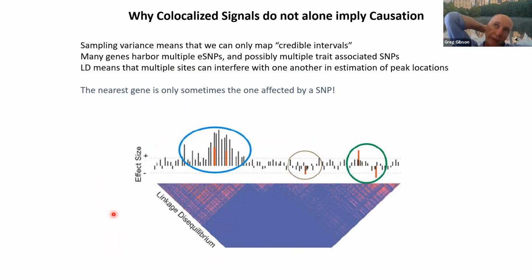If you go to the blood eQTL browser, or if you look up just about any GWAS database of anything, what they're reporting are typically univariate statistics. They're walking along the genome and evaluating the association at any point in the genome, independent of all of the other SNPs in the vicinity.